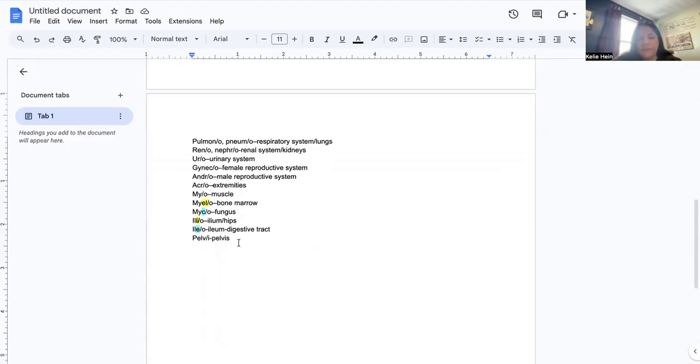Let's do some suffixes that can be a little bit confusing, like otomy, or tomy is really what they do, but otomy, okay? Surgical incision. Okay, this is an incision. Here is another case where one letter changes everything.